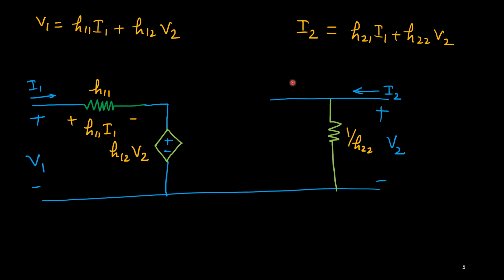Now another current is this one, which depends on I1. So it is again a dependent source and it should flow downward.